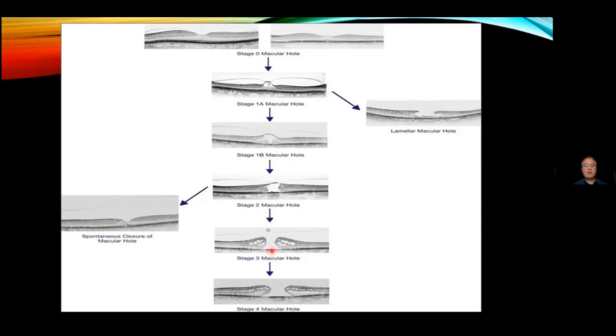And of course, those patients would have a central scotoma, so they'll have some black or gray spot in the middle. Quality of vision will be severely affected, again, metamorphopsia and micropsia. And then a stage 4 macular hole is where the vitreous is pulling into the vitreous space closer to the lens and the retina is moving further apart.